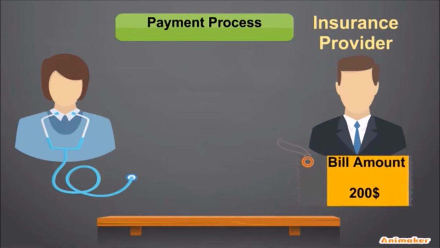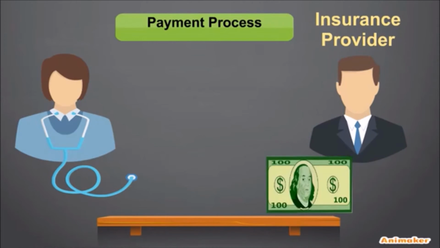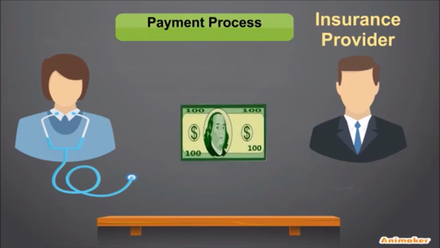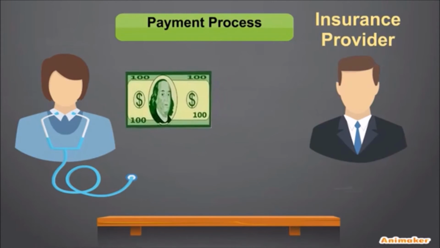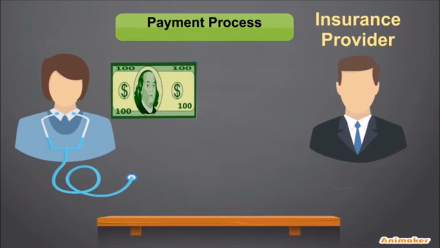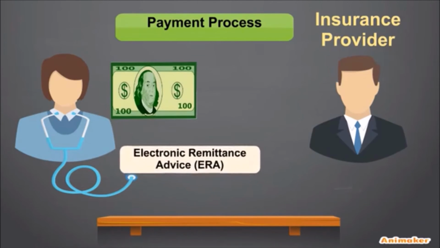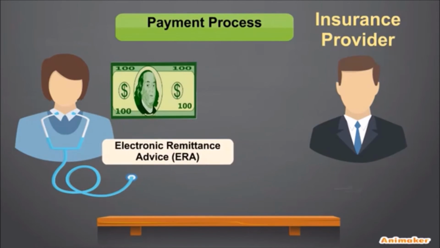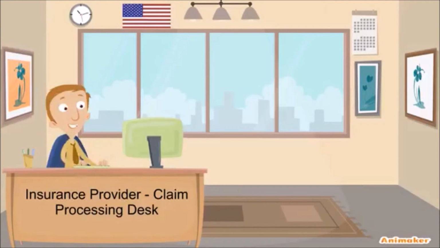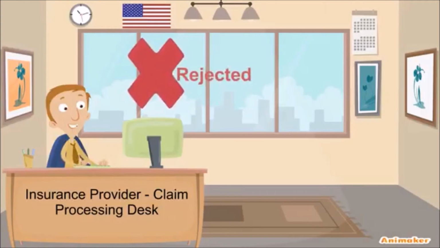The insurance provider calculates the allowable amount considering different factors like co-pay, co-insurance, and contractual adjustments. Along with the payment, the health service provider receives an electronic remittance advice (ERA) from the insurance company that outlines the entire transaction.